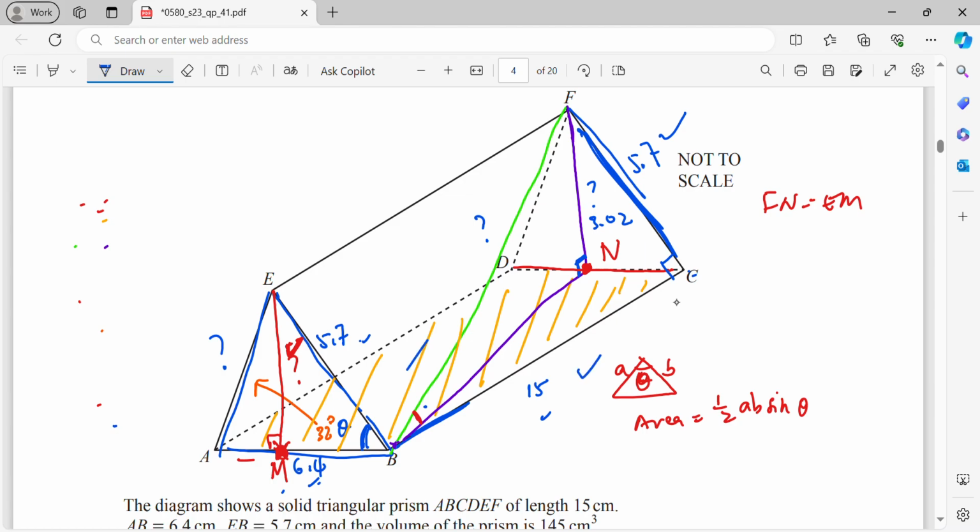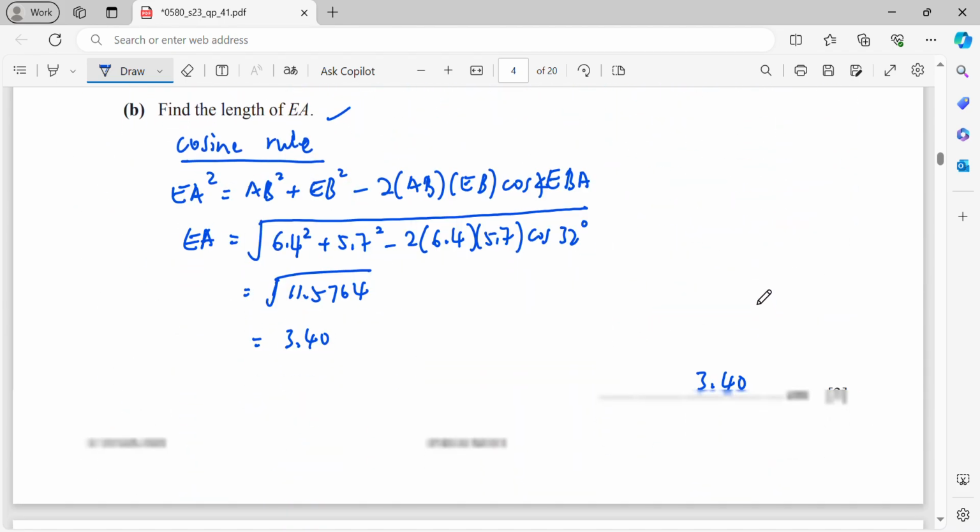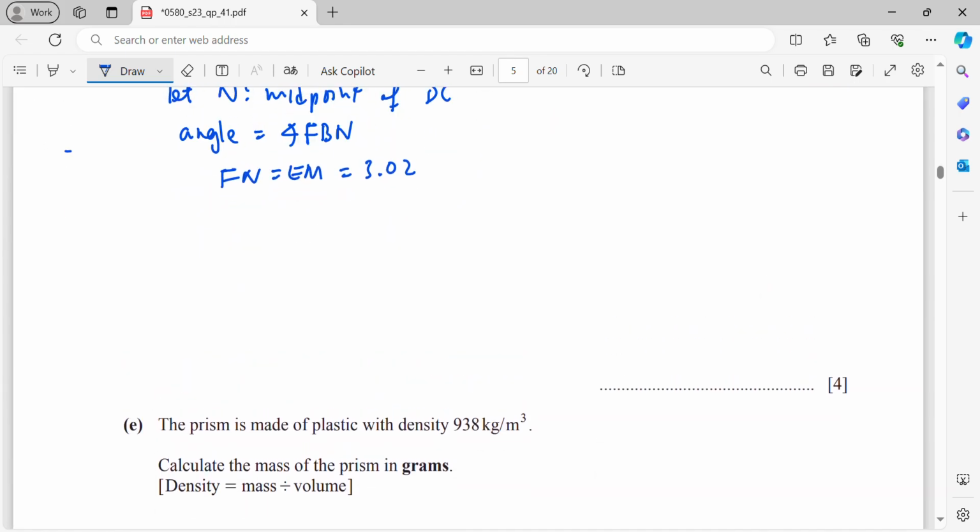Refer to this: this is your F, this is your B, and here is a C. FC is 5.7 and BC is 15.